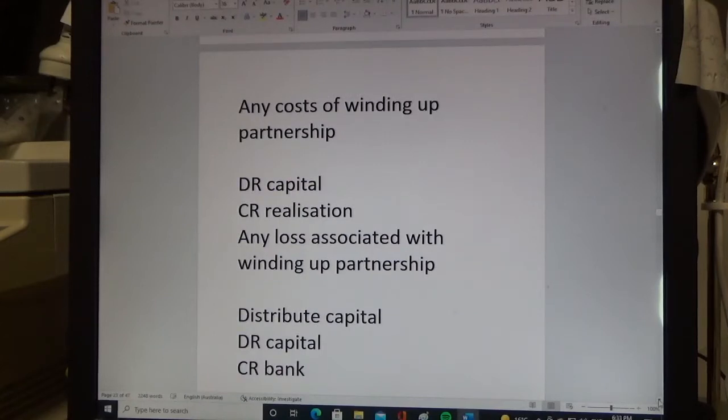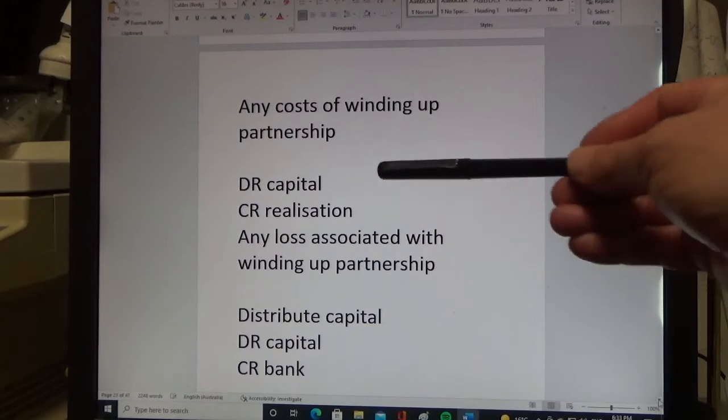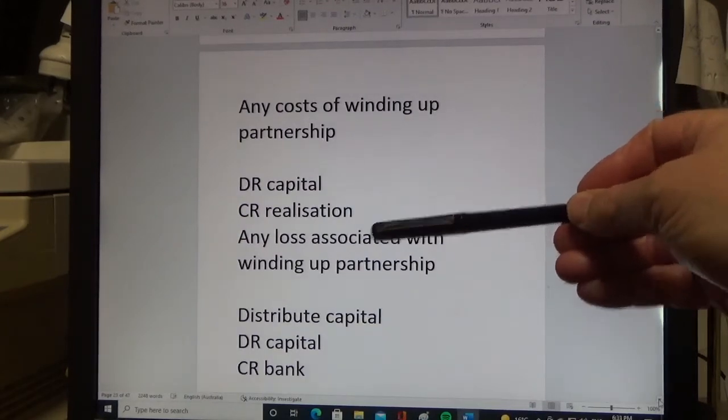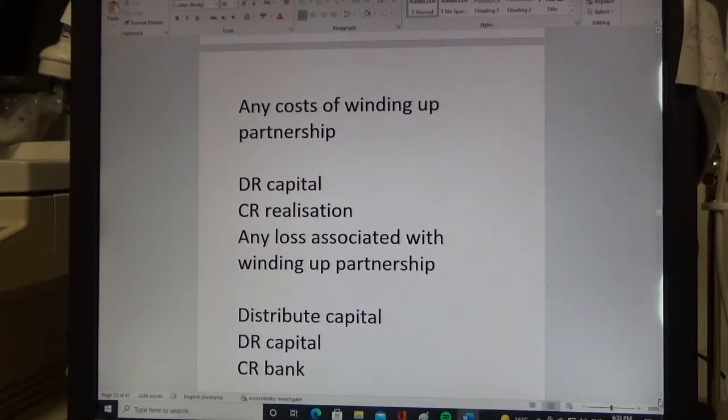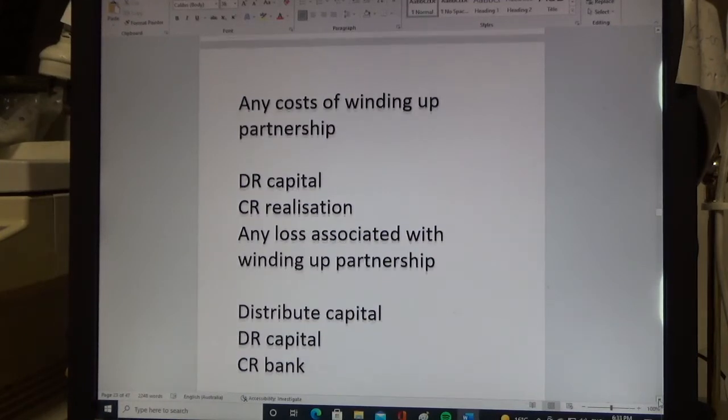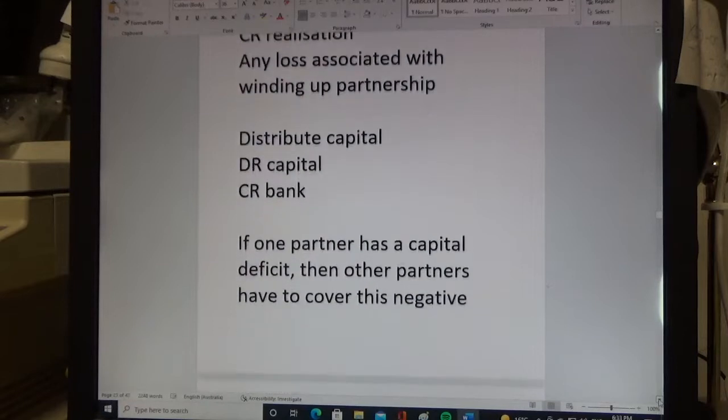Now there might be a loss after winding up the partnership. You debit capital, reduce it, and credit realisation, right? And I think if there's any gain, it'd be the other way around, but I don't want to get into too much on that. Typically, partnerships might wind up because they're in loss mode.